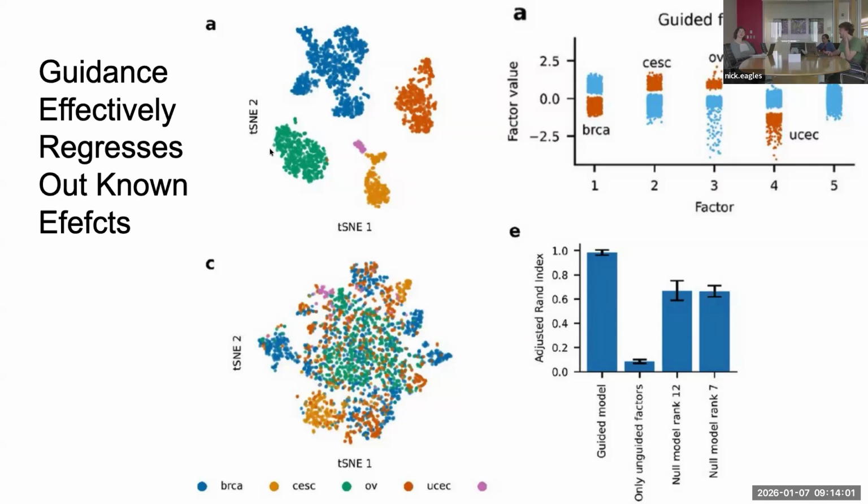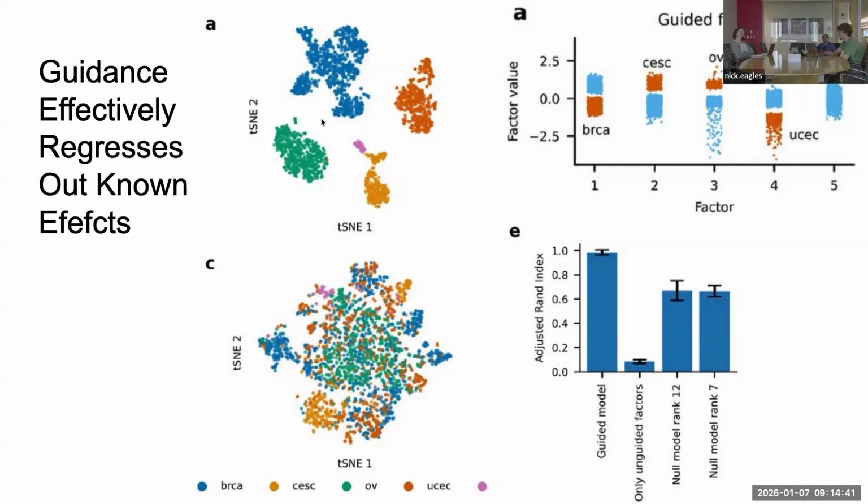Panel A on the top right, I should mention that this data is cancer data from the Cancer Genome Atlas project. Panel A is colored by the different subtypes of cancer. Importantly, this model is guided by the cancer subtype as a guiding variable. So you would expect separation in something like a t-SNE, and you do indeed see that separation.